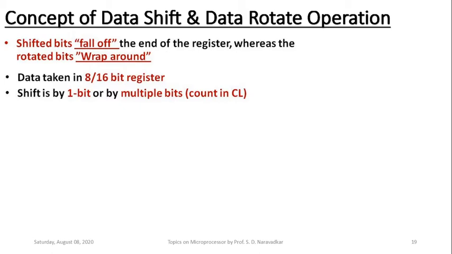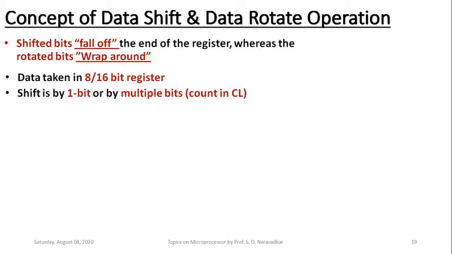Whenever I want to perform that shift or rotate operation by multiple bits, in that case the register CL should hold that particular count. Once we hold that count within the CL register, the given data will be shifted or rotated by as many bit positions as the count specifies.